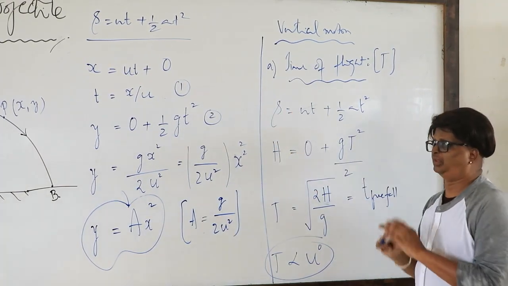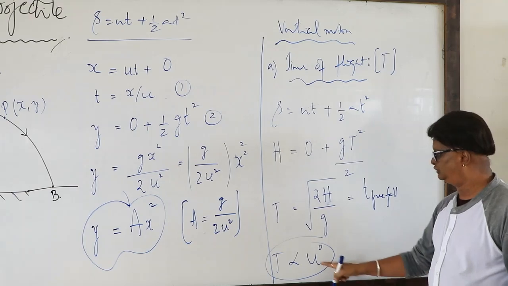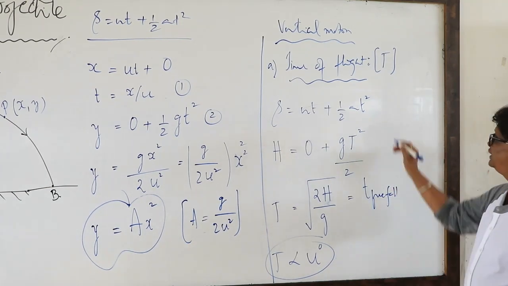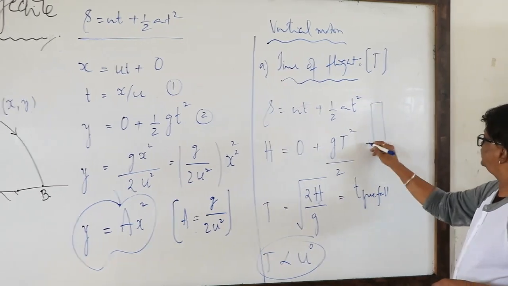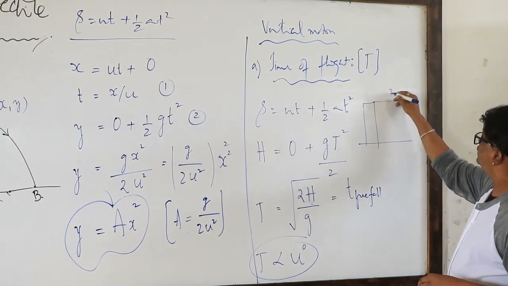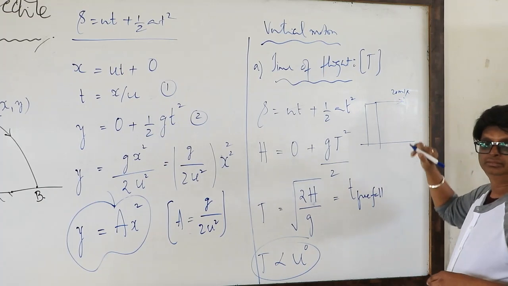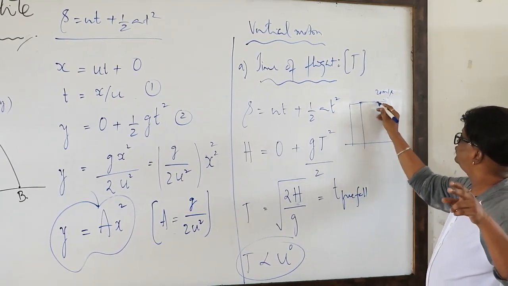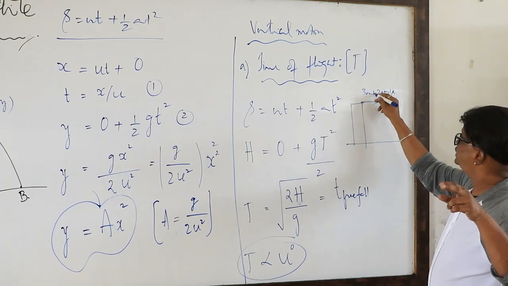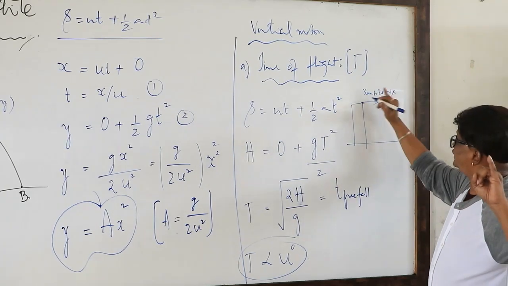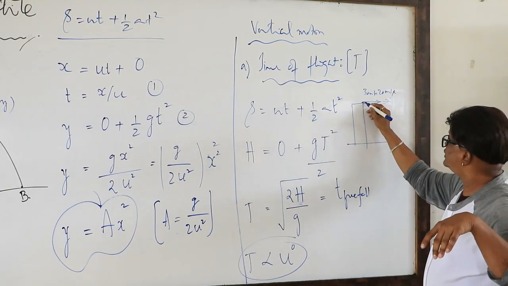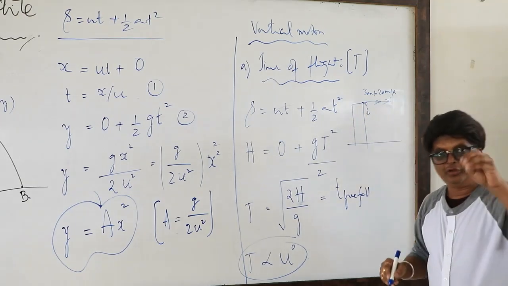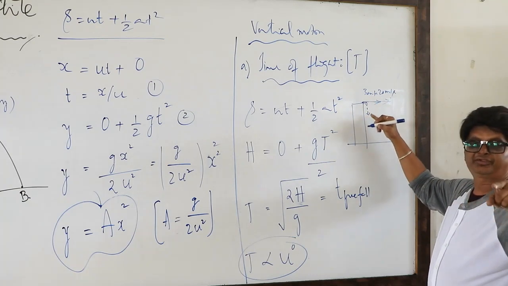No matter what velocity you throw with, the time to come down is the same. What does this mean? If this is the case, a body is projected with velocity 20 meters per second from the same position, another is projected with velocity 30 meters per second. First object A, second object B, third object C, which is dropped from the same position, not thrown, just dropped.